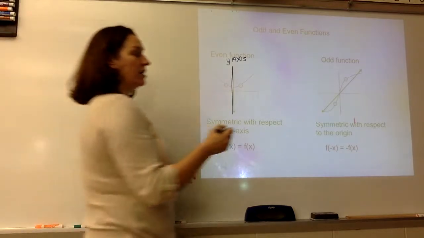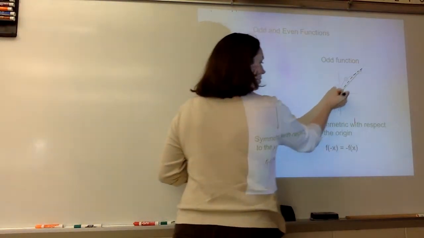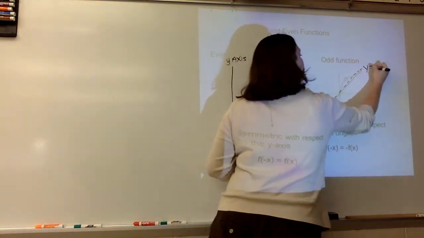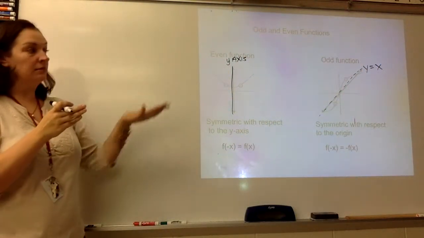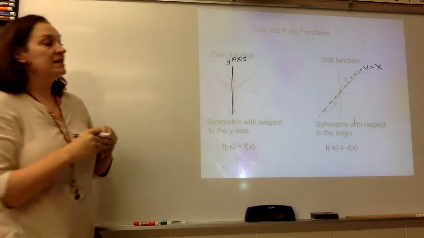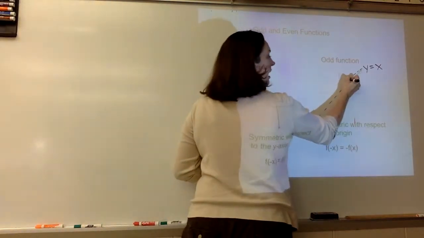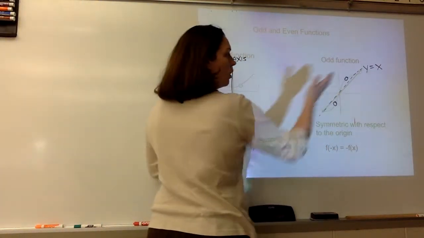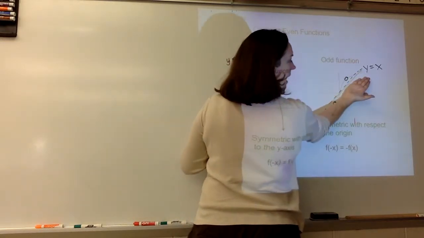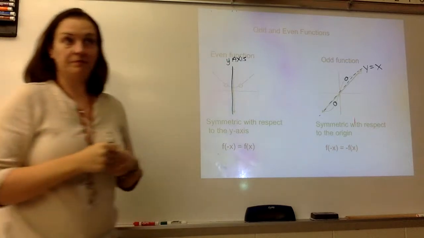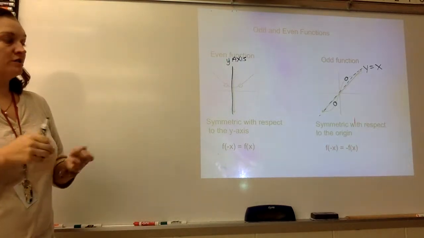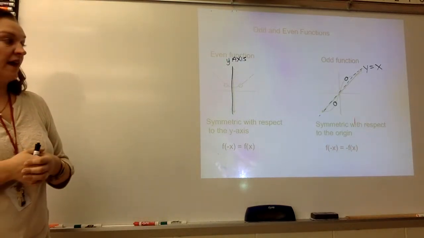Odd is a little bit trickier. Odd says if you look at the line y equals x, which is an oblique slanted line, it's the most perfect line, you're going to have a flip not only across the line, but also across into the opposite quadrant. That one's a little bit harder to see and define.